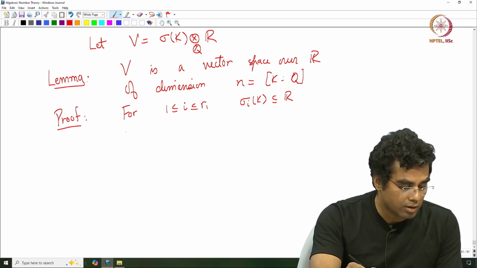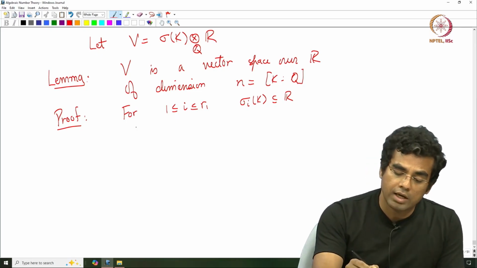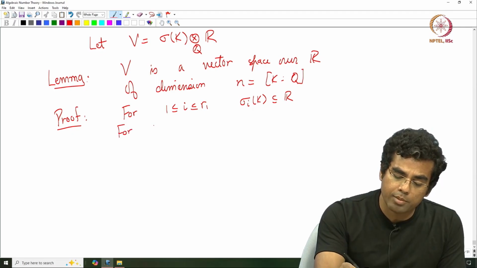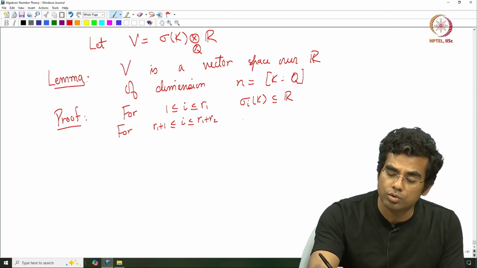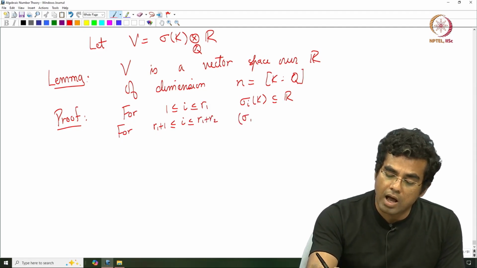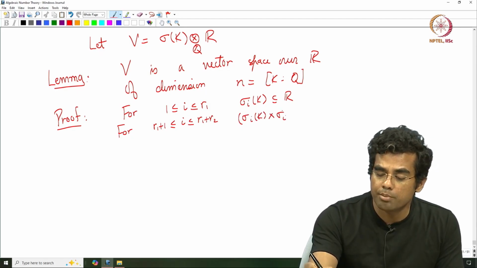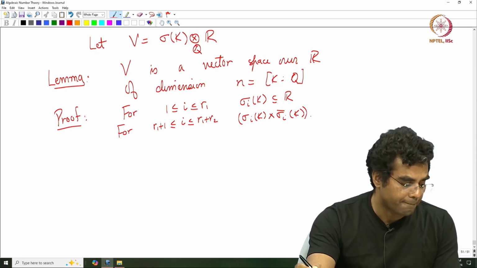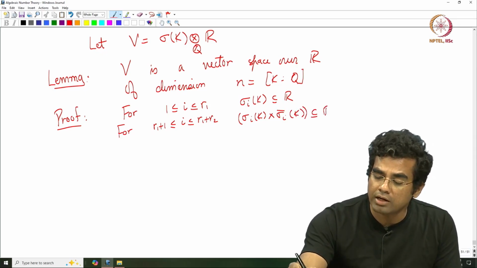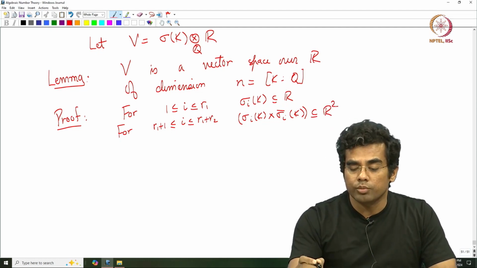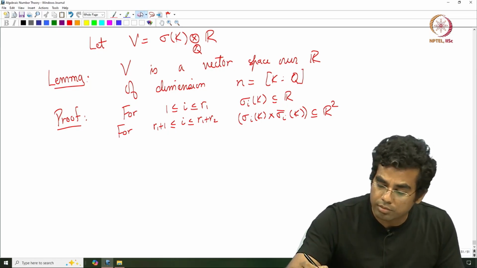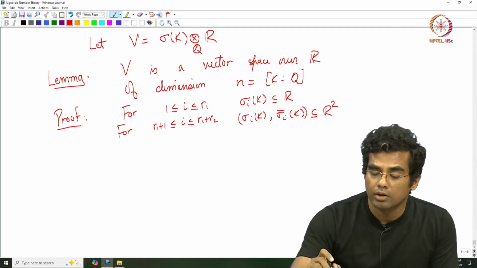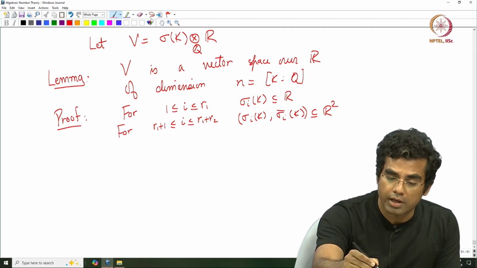These are the R1 real embeddings, and then for I between R1 plus 1 and R1 plus R2, sigma I of K, sigma I bar of K, this thing is contained in R2, right, because they are both determined. So, this should be a comma, depending on your notation, but I want to write it as a comma since I am writing it as a tuple, right.